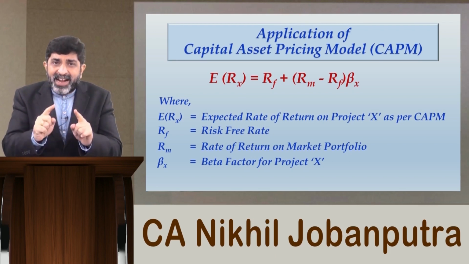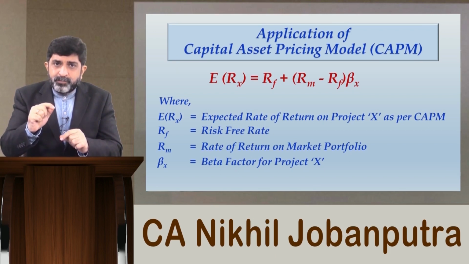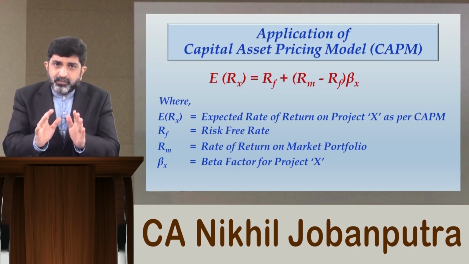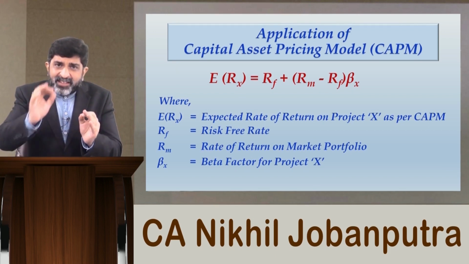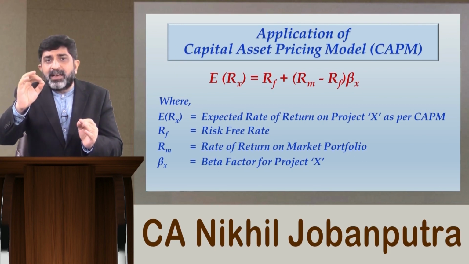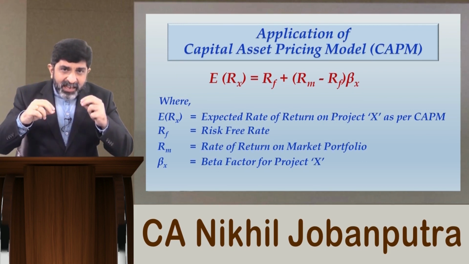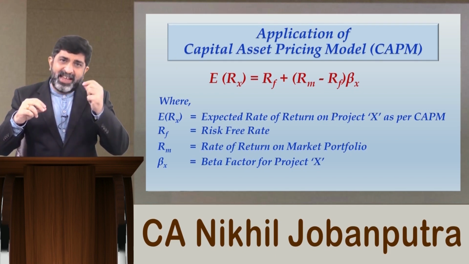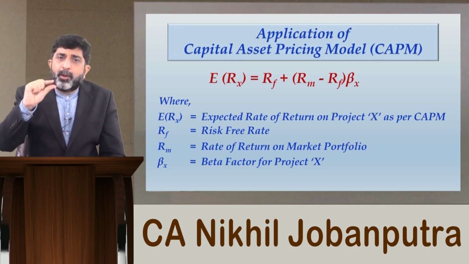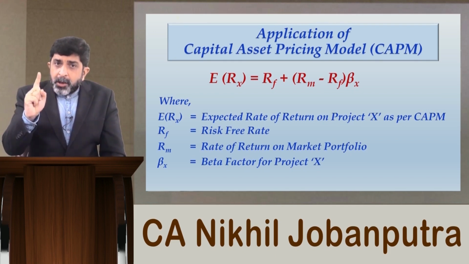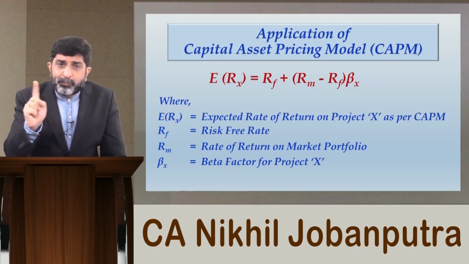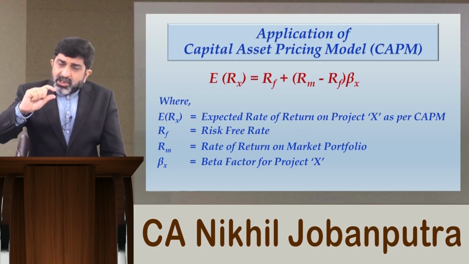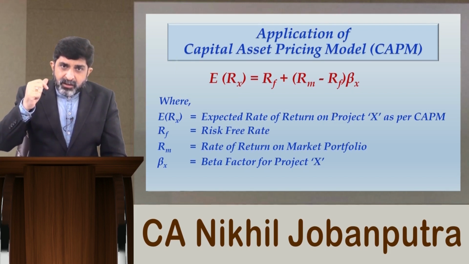So for understanding the meaning of beta, what is needed? Beta is again a measure of risk. So just like standard deviation, just like CV, beta is also a measure of risk. However, beta is not a measure of absolute risk. It is a measure of relative risk.